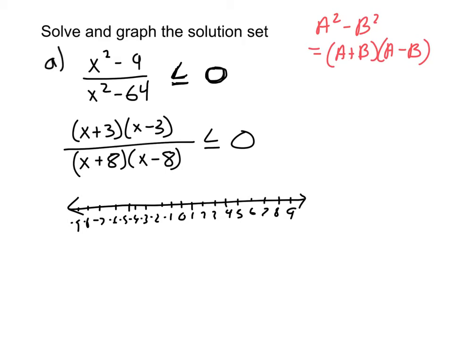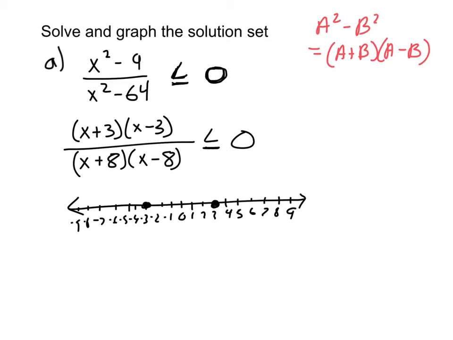Okay, so at 3 and at negative 3, there's going to be a solution. So I'm going to put solid dots there, because this will be 0 when x is negative 3, and this one will be 0 when x is positive 3. So the whole thing will be 0 then.